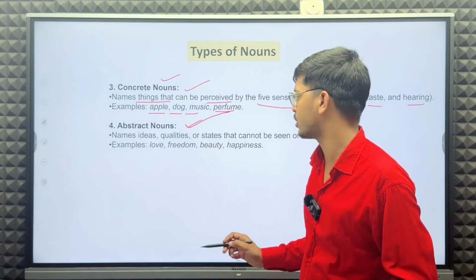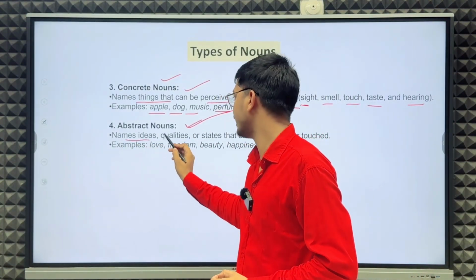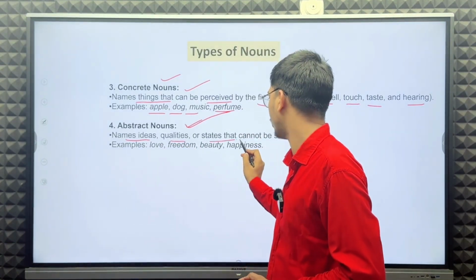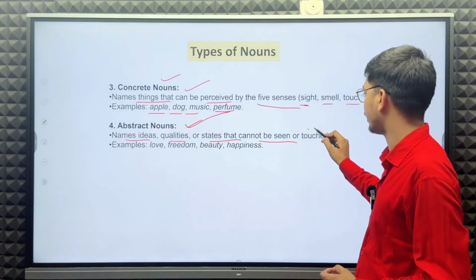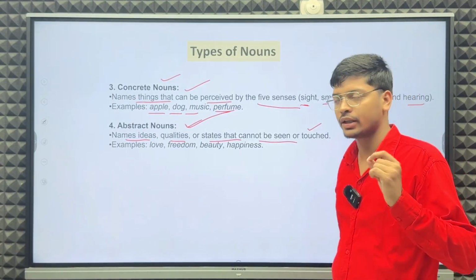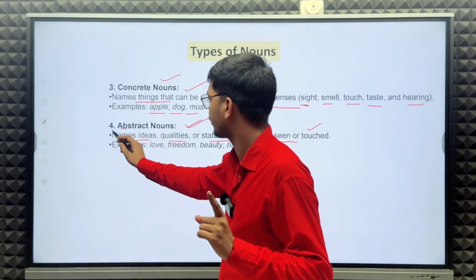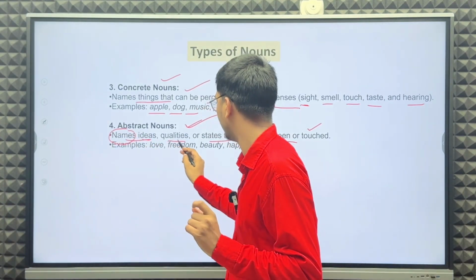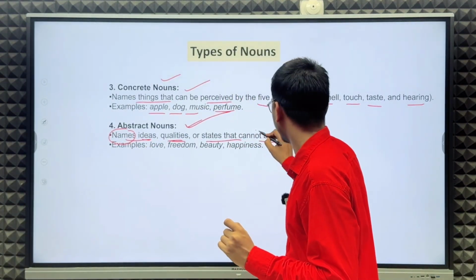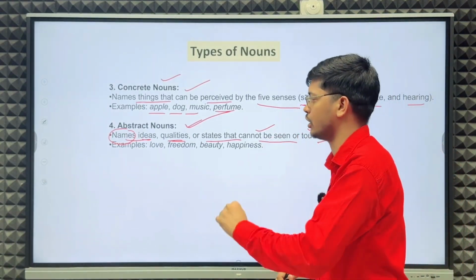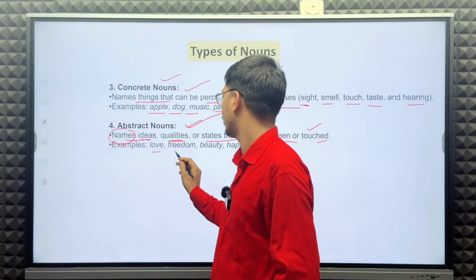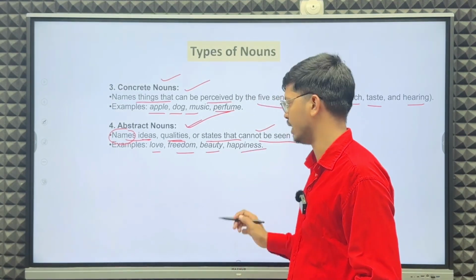Abstract nouns name ideas, qualities or states that cannot be seen or touched. For example, love, freedom, beauty and happiness.